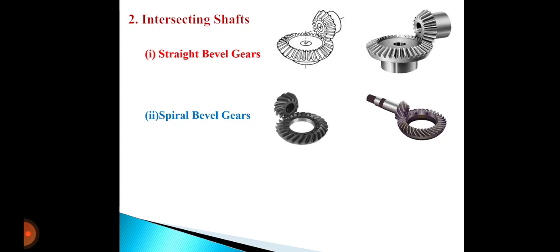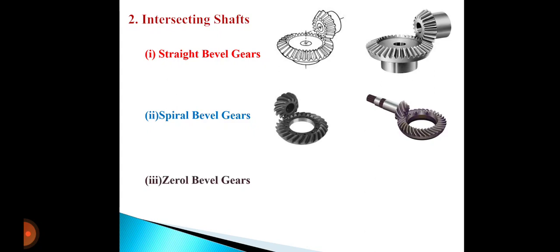In the case of spiral bevel gear, that is shown in this figure, when the teeth of the bevel gears are inclined at an angle to the face of the bevel, they are known as spiral bevel or helical bevel. These are used for the drive to the differential of an automobile.